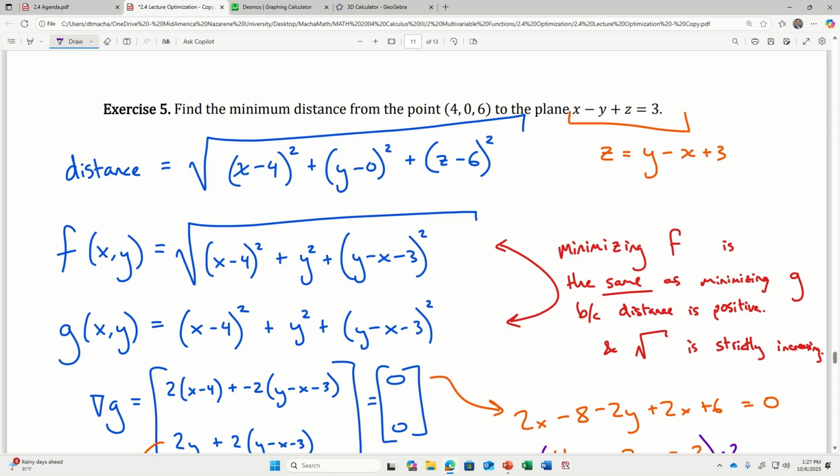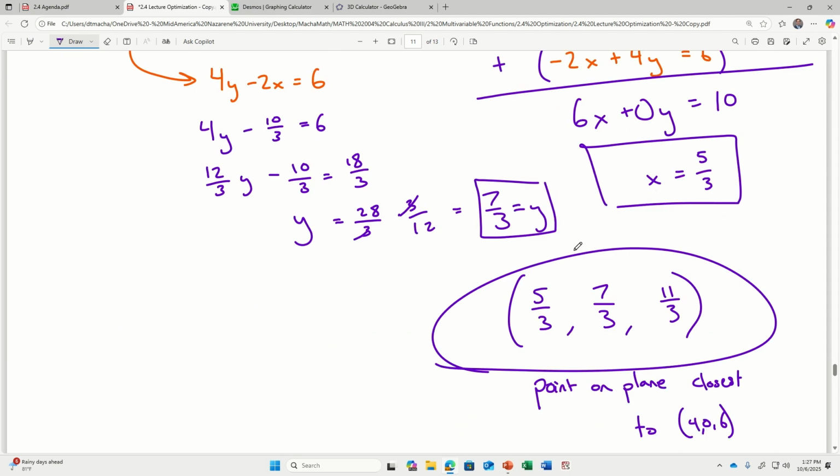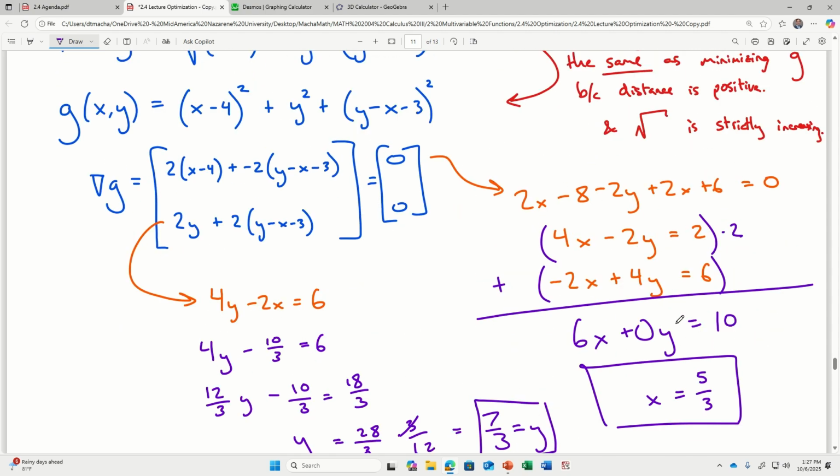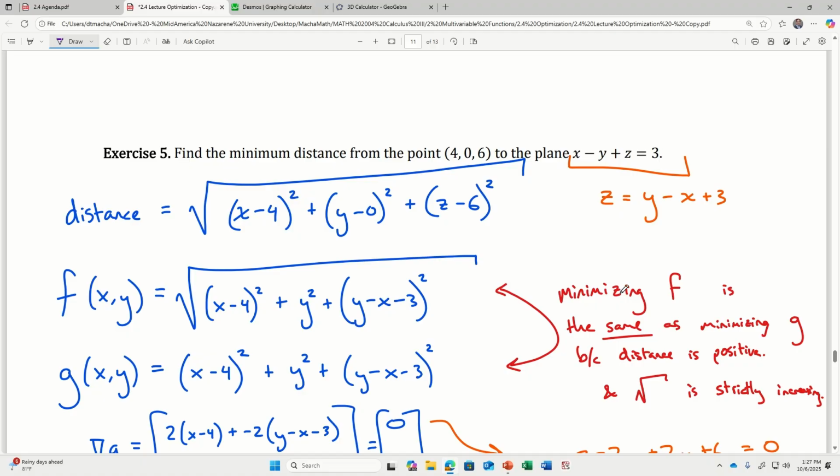I'd have to go back and plug in x, y, and z as 5/3, 7/3, 11/3: 5/3 minus 4 squared plus 7/3 minus 0 squared plus 11/3 minus 6 squared. And that's how I could calculate the minimum distance from the point to the plane. So there's a lot more work.